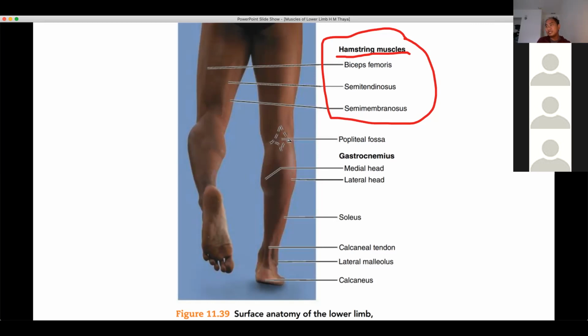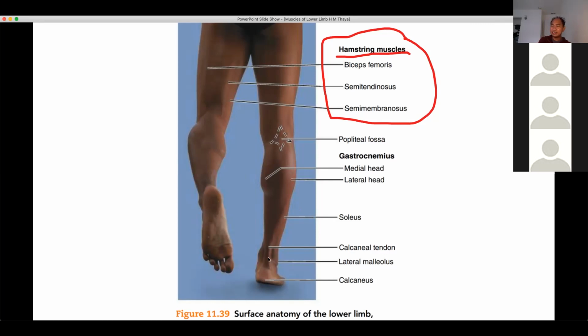This gastrocnemius, together with the soleus, finally merge together to become the calcaneal tendon. This calcaneal tendon attaches to our calcaneus.